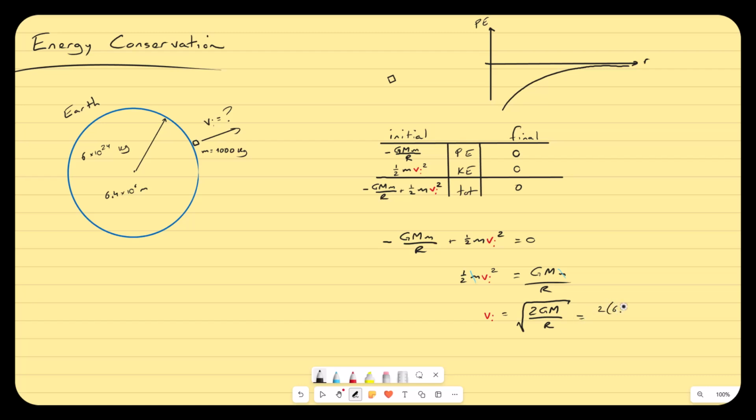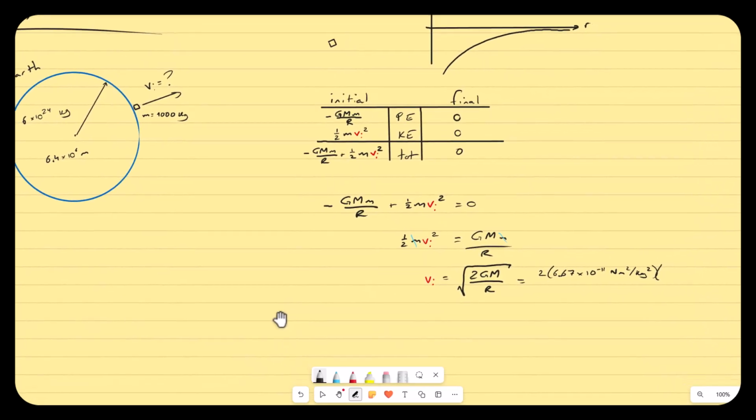2 times G, that universal gravitational constant. Mass of the planet, I am looking at the Earth, so I've got that 6 times 10 to the 24th. The radius, 6.4 times 10 to the 6th meters.